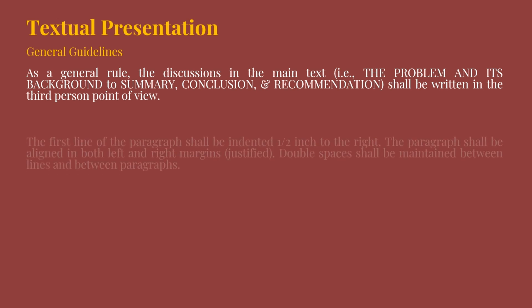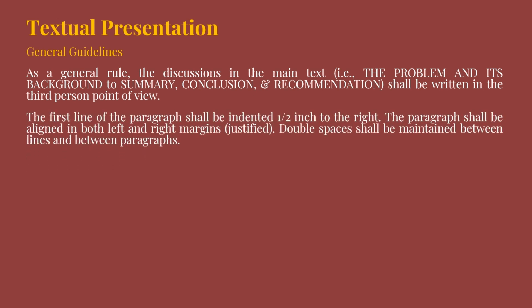So you are discouraged from using first person point of view such as I or we. Use third person point of view such as the researchers, the authors, or the proponents of this study.